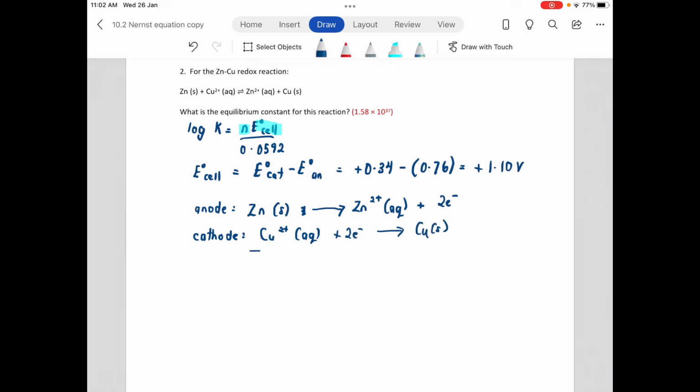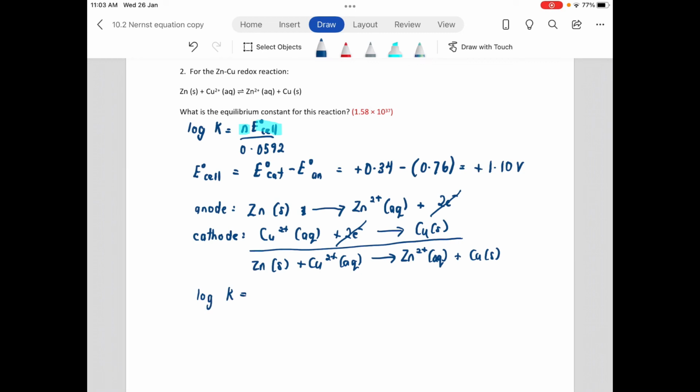And if we can see here, number of mole of electron is already balanced, so we can straight away cancel. So kita dah dapat lah number of mole electron involved, which is 2. So boleh terus masukkan dalam kita punya formula. So number of mole of electron is 2, E naught cell tadi 1.10, okay, divide dengan 0.0592.